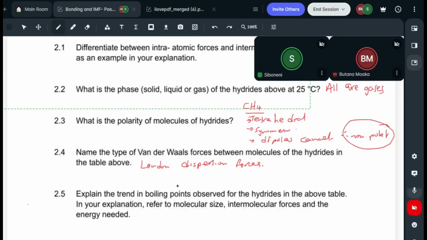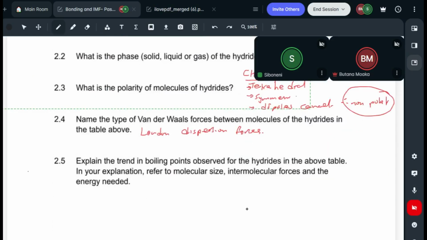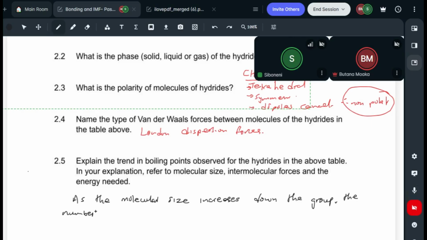So let's go to the question and answer this. Explain the trend in the boiling point. We are saying that as the molecular size increases down the group, the number of electrons increases.